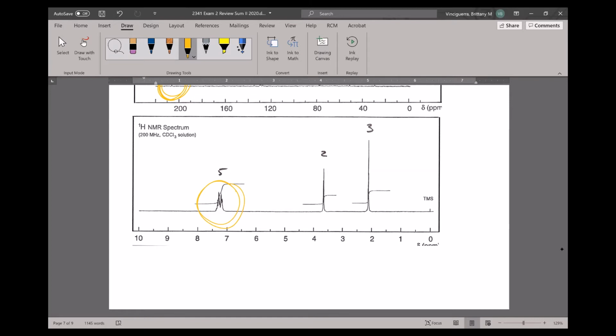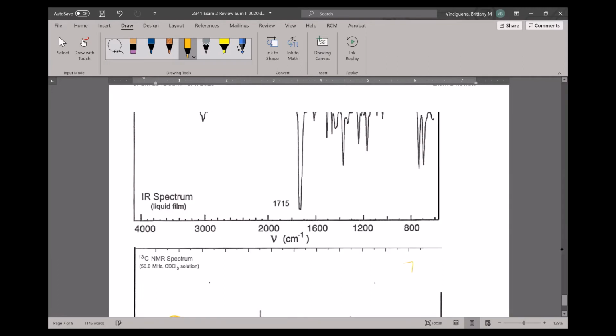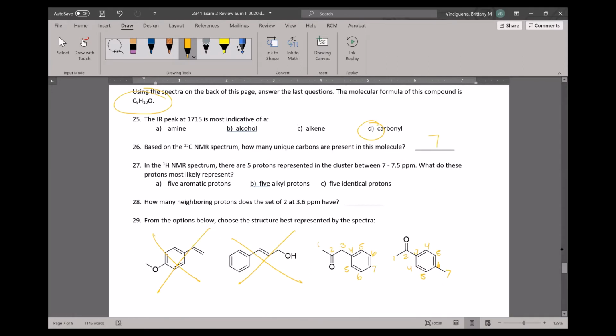Are they identical? Is that like the ring? Right. This is indicating the aromatic protons to us. So it says that there are 5 aromatic protons. Does that help us choose between the 2 structures? No. Well, we can check.